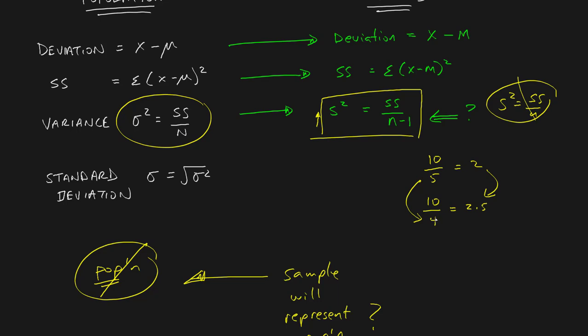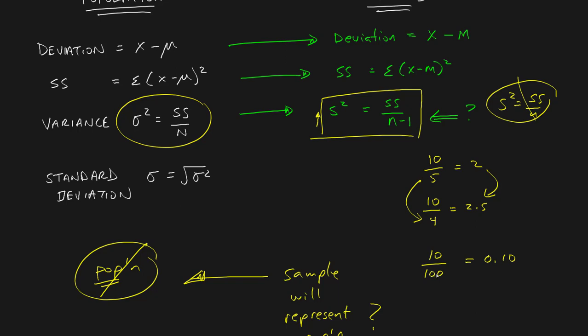What if our sample was really large? Well, really large samples probably do a good job of showing how much variation there is in the population. So if you had a sample size of 100, for example, your answer would come out here to be 0.10. That's probably very close to the actual amount of variation in the population because your sample size is so large.